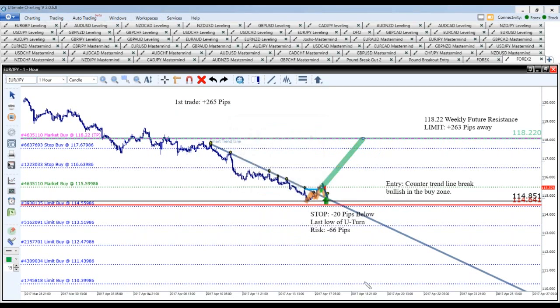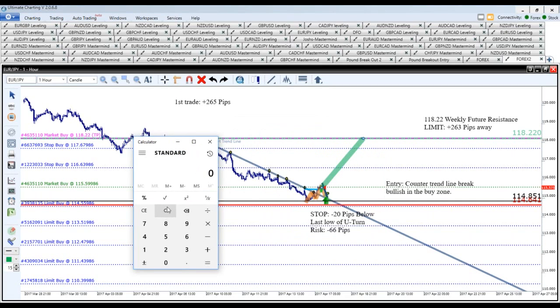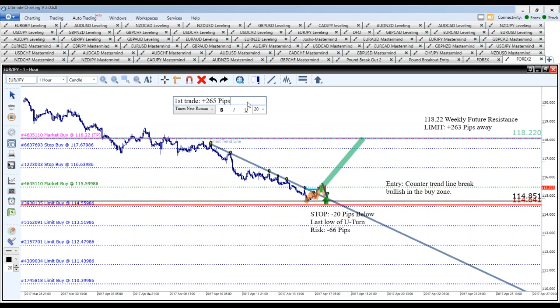Your second trade, you would buy in at 116.63 minus 118.22. You'd make 159 pips off your second trade. So the second trade would be plus 159. And your third trade would be what?